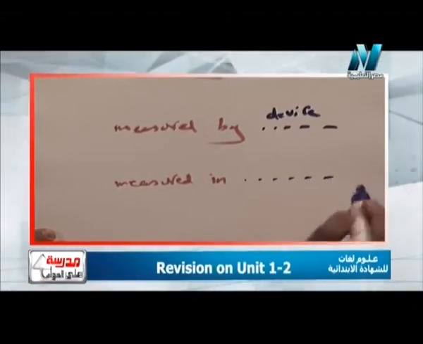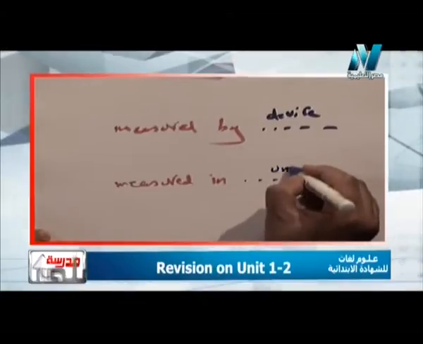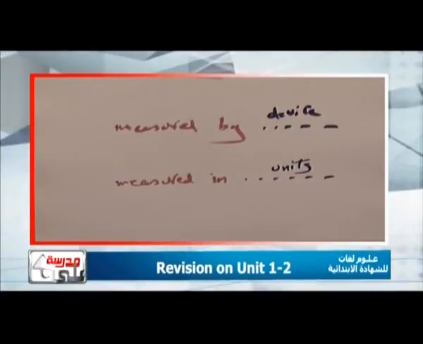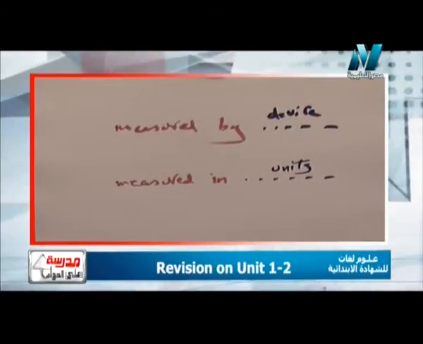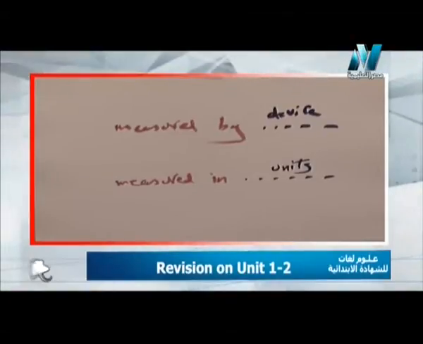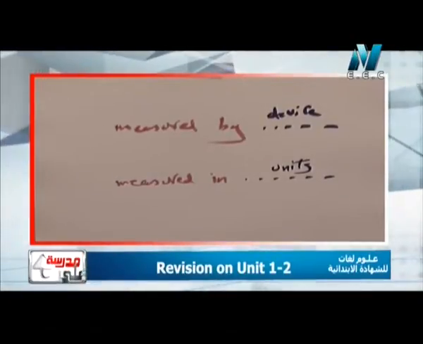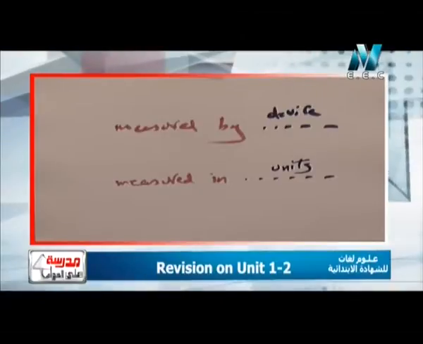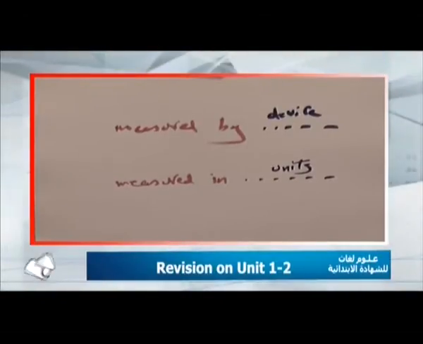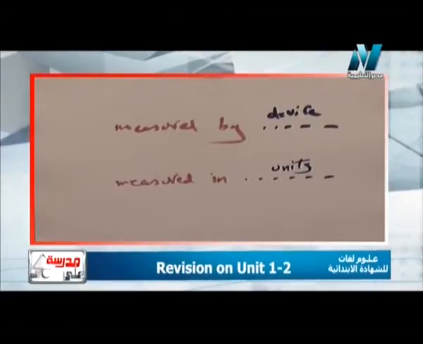Measured in, I need the units, such as gram or kilogram for mass, such as Newton for weight. Again, in measured by, I need a device, and in measured in, I need the units, okay?